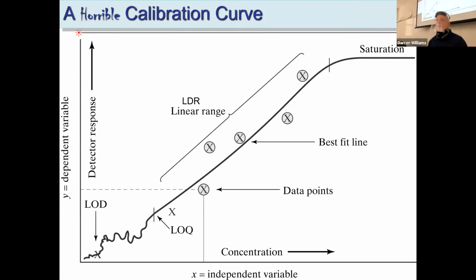So here's a horrible calibration curve, but it's a good one to show you all of these parameters that we talked about. We have the limit of detection down there, which is 3 times the blank value. And then I've seen limit of quantitation listed a whole bunch of different ways, but one of the PhD talks in forensic science, upstairs from here, was using a limit of quantitation as 10 times the blank value.